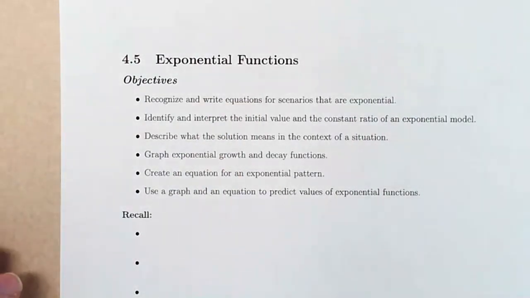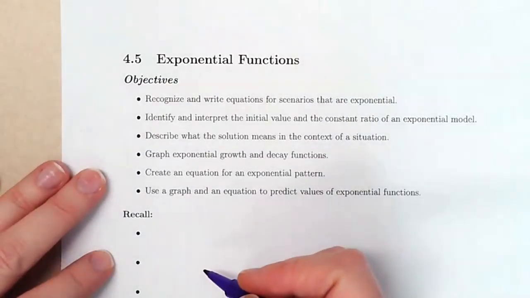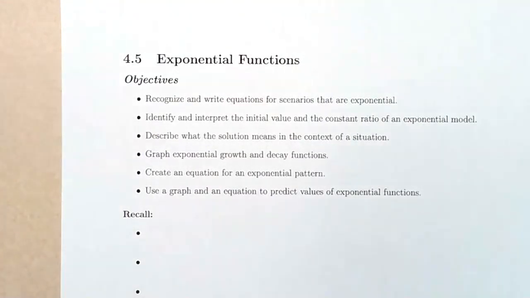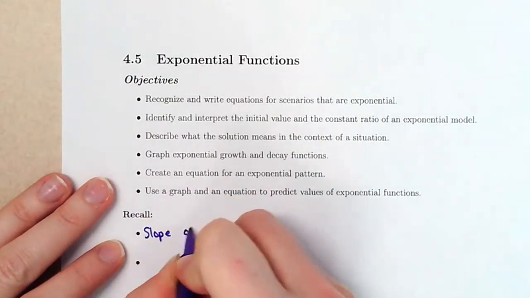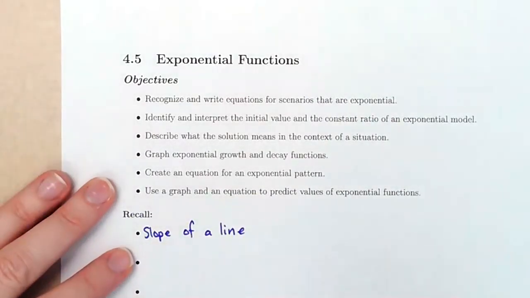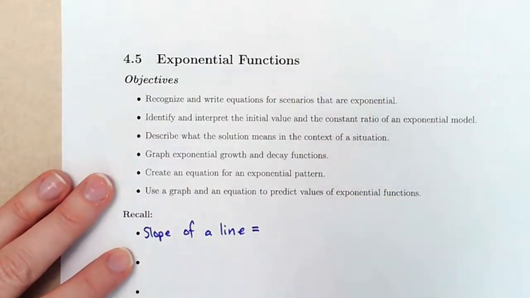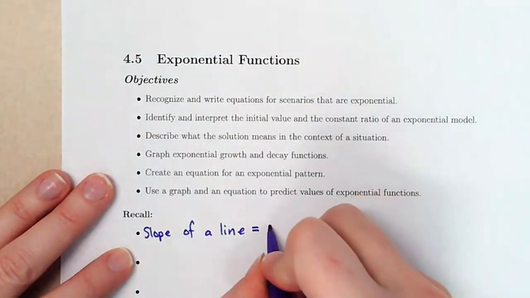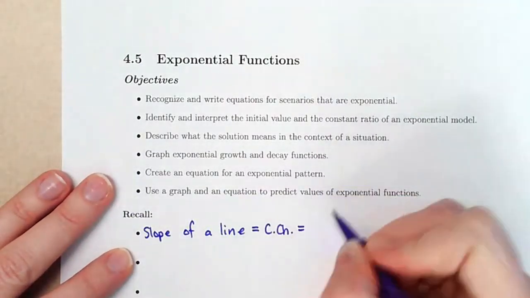So I have a couple of recalls here. First, I would like us to recall that the slope of the line, it's been a little while, but we still remember the whole unit that came before this was the constant change, and it was a constant add or subtract.